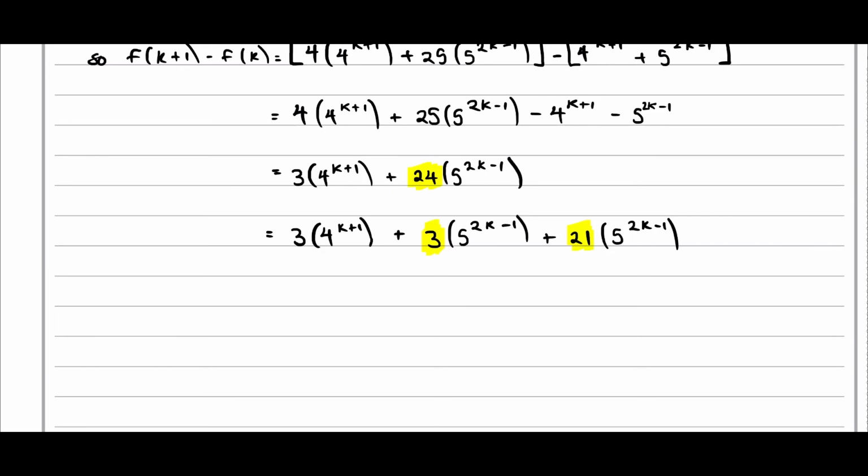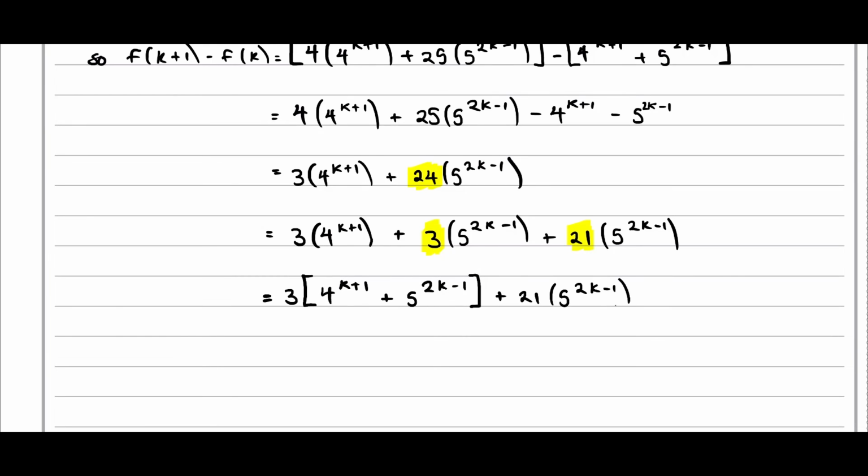And now we can factorize out a 3. So we have 3 times 4 to the power of k plus 1 plus 5 to the power of 2k minus 1, plus 21 lots of 5 to the power of 2k minus 1.